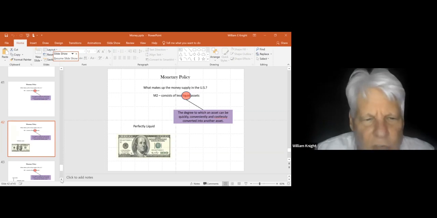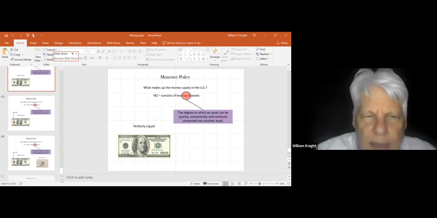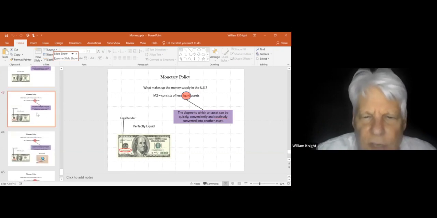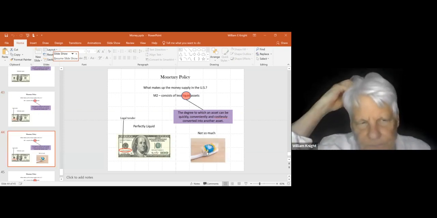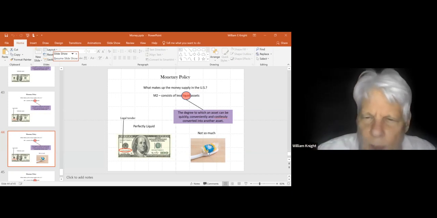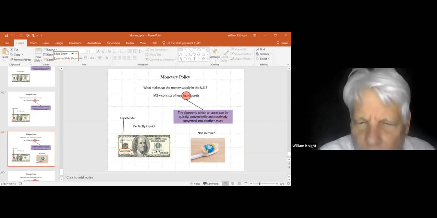But there are some assets that are less liquid. That's where it says legal tender. Here's a less liquid asset. Why is that used toothbrush less liquid than that $100 government issued bill?